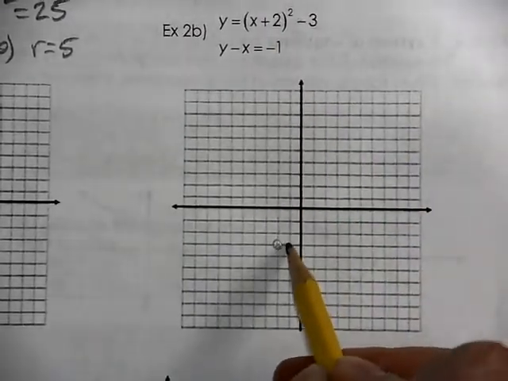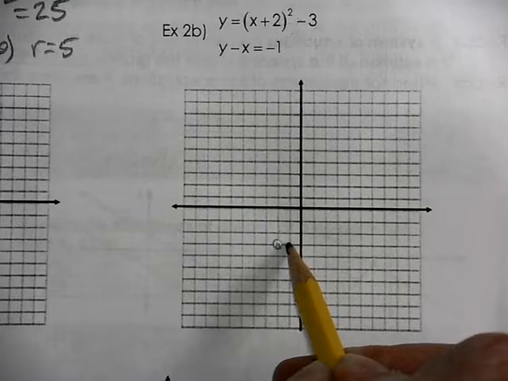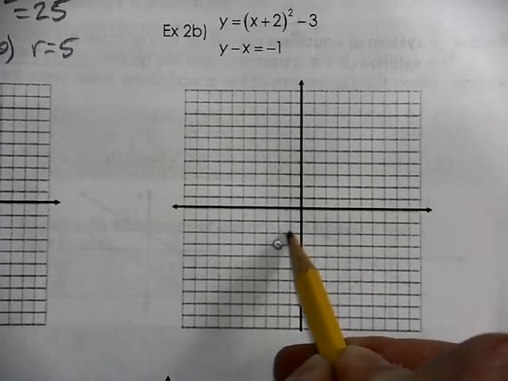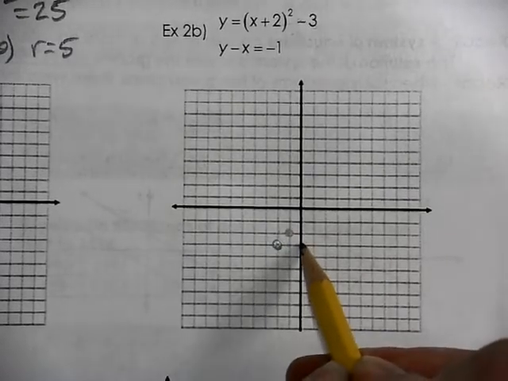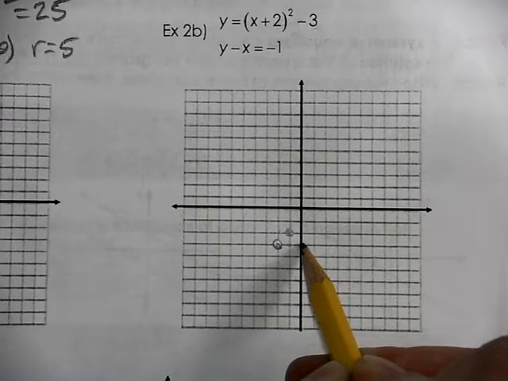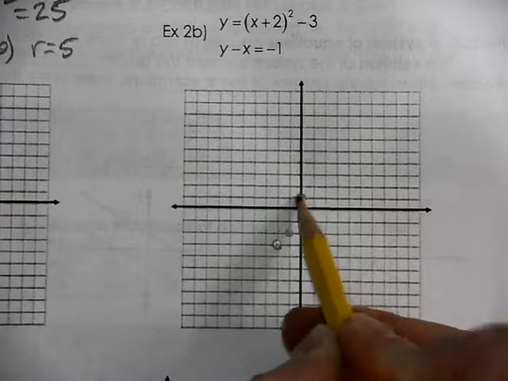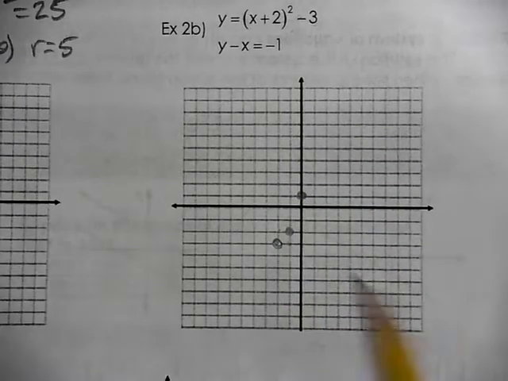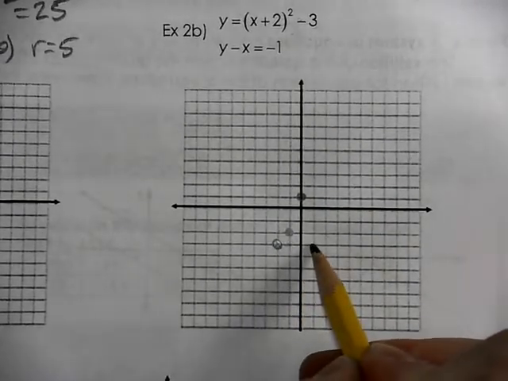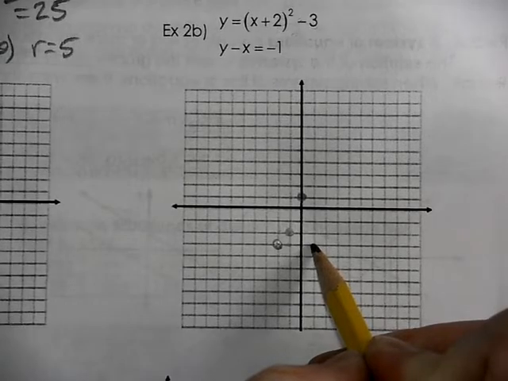So when we go over 1, how much do we go up? 1 squared. When we go over 2, how much do we go up? 2 squared, which is 4. When we go over 3, how much do we go up? 3 squared.